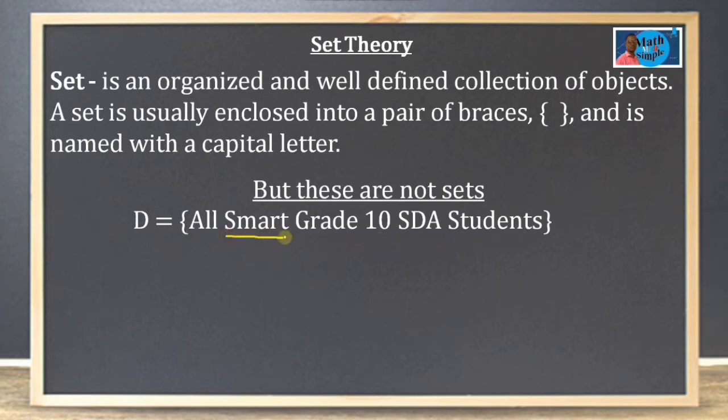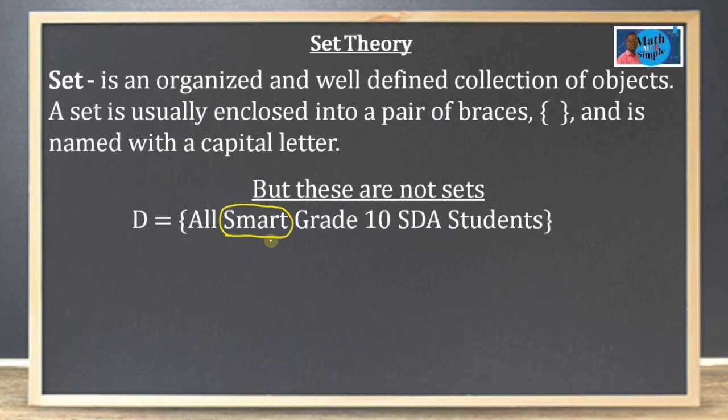All smart grade 10 SDA students. Now, smart is a relative term. If you use a relative term in describing the collection of that so-called set, then it becomes a problem. Relative terms describing the collection make it not a set. Let's take, for instance, a student in this class called Joe, who is a very good student in math.